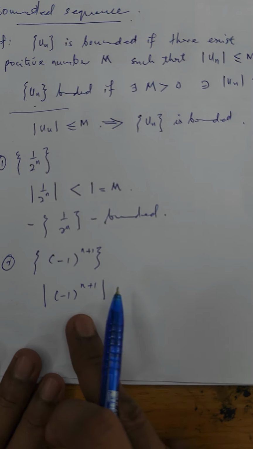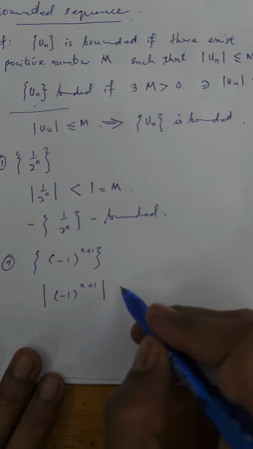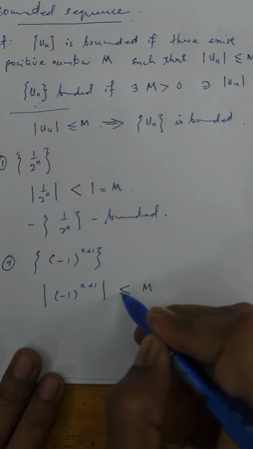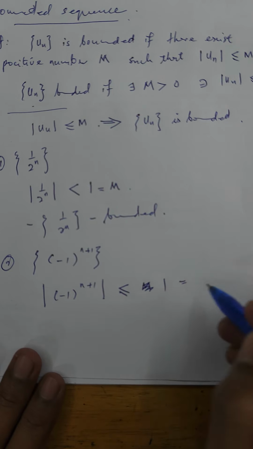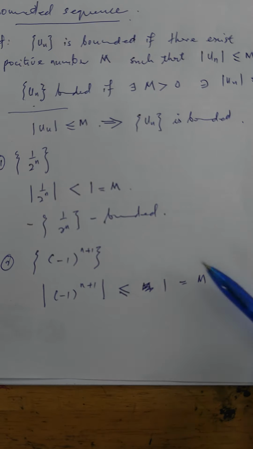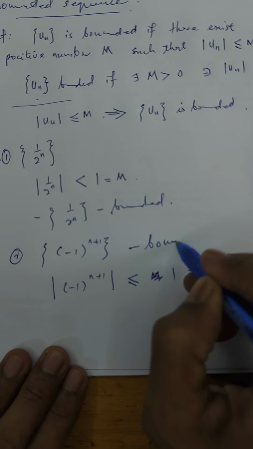Since the sequence itself oscillates between -1 and 1, it is not going bigger than 1 or lesser than -1. So again, this sequence is less than or equal to m, where m is 1. So again, this sequence is bounded.